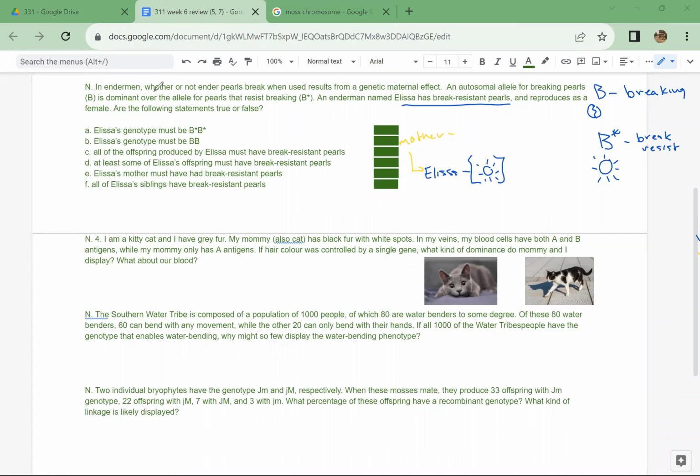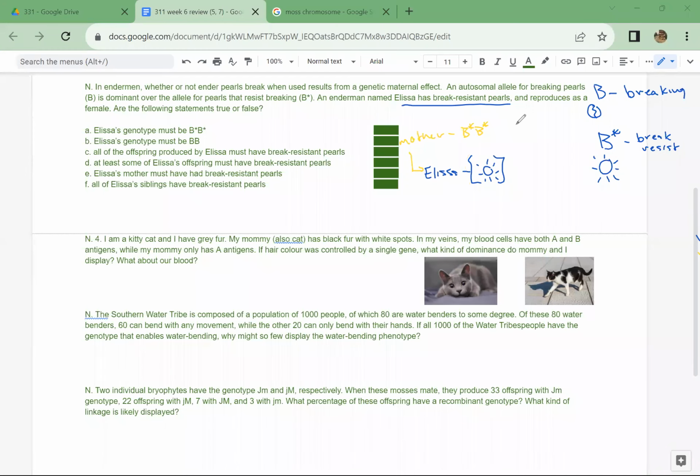So in order to be expressed, it needs to be homozygous recessive. So Elisa's mother would need to have been this homozygous recessive genotype, which is break resistance, because break resistance is recessive. Because we were told Elisa's phenotype, we were able to infer her mother's genotype.